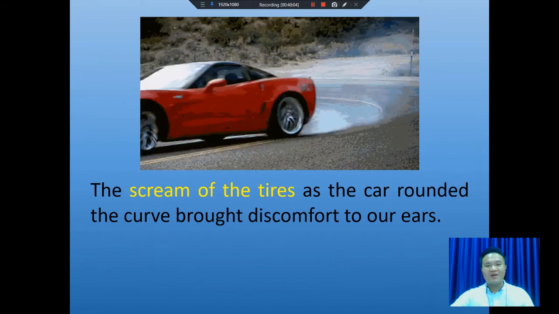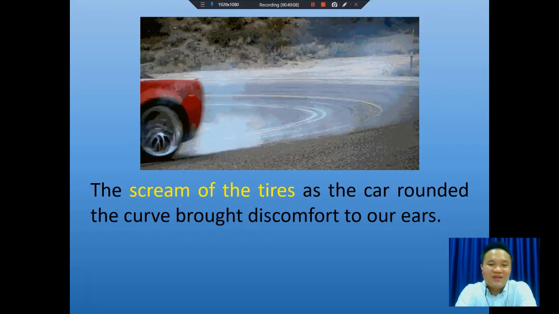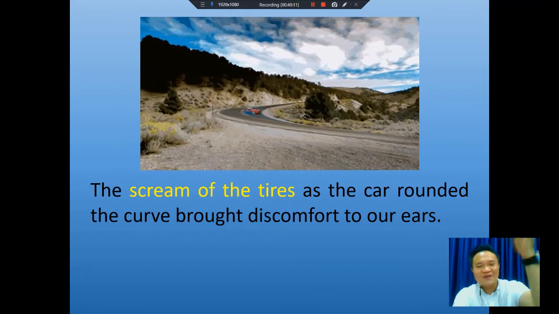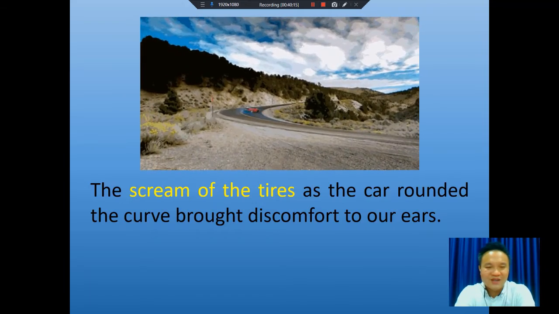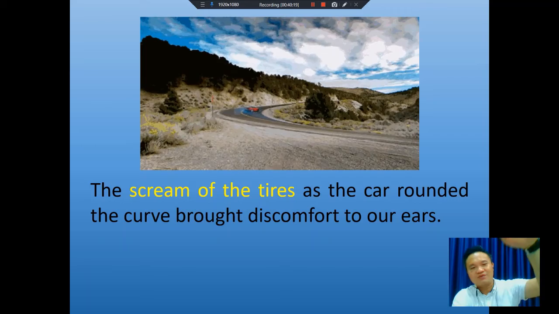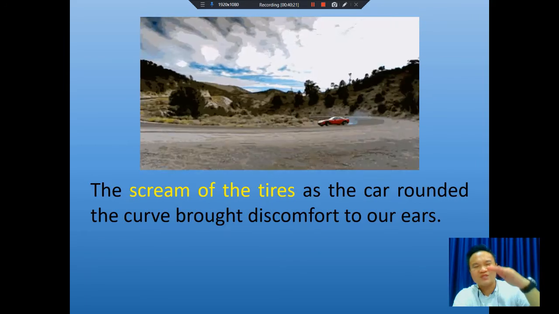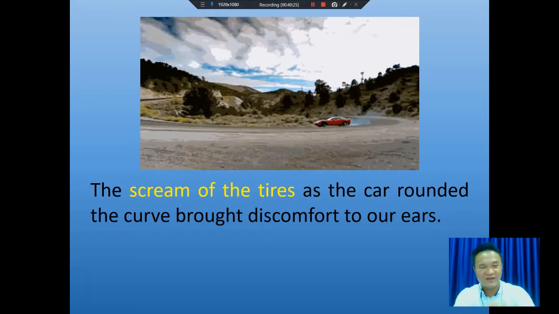Now let's look at another example. If you look at this picture, immediately you will be thinking about the movie Fast and Furious. When the car drifts on the road, what kind of sound does the tire produce? Those screeching sounds, right?